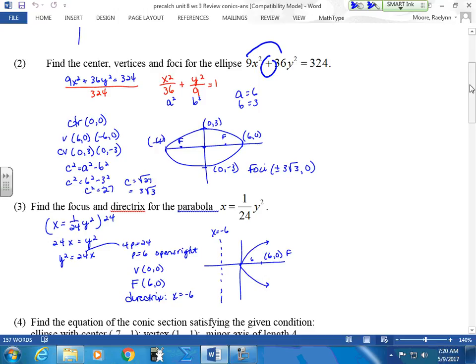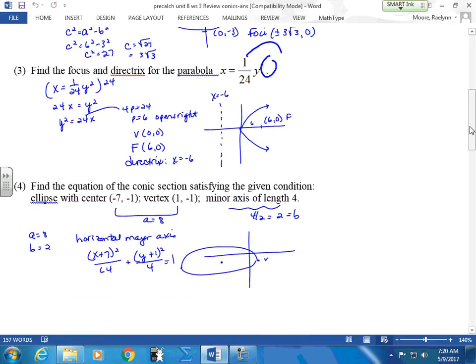Foci is on your major axis. That's C. You could label F, C, F, yeah, as long as you tell me what's the vertex, what's the co-vertex, what's the foci. You have to simplify radicals. You always have to simplify radicals. You always have to reduce fractions. That's a given.